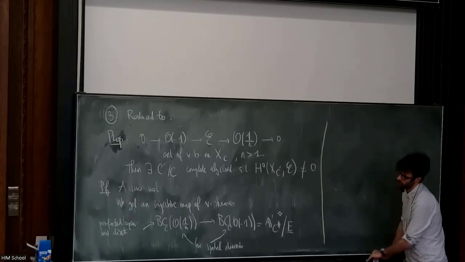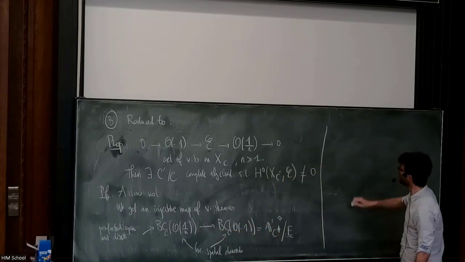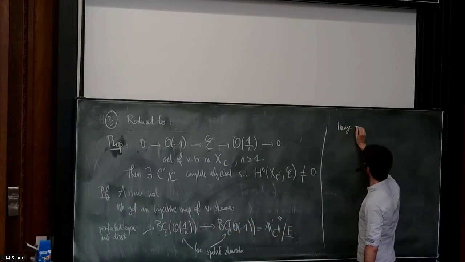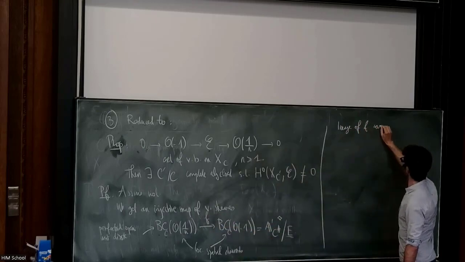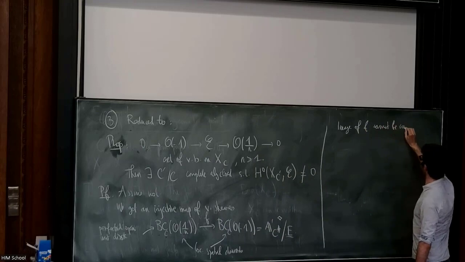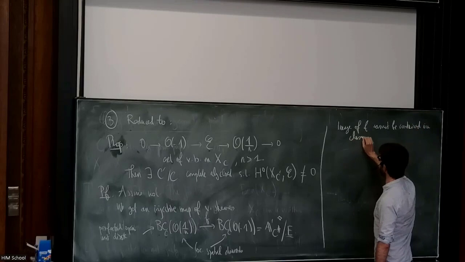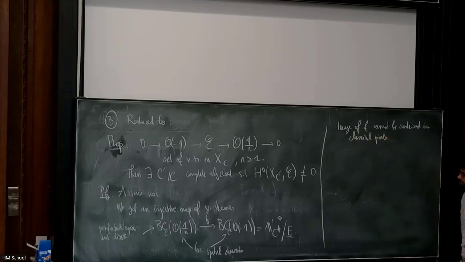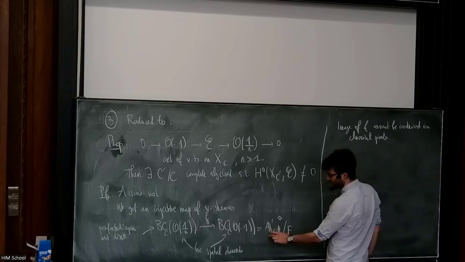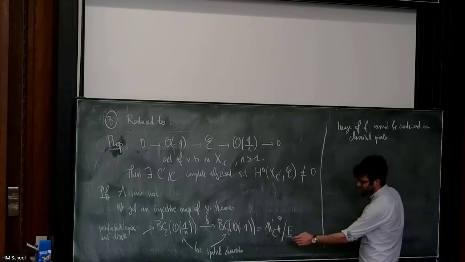So the first claim about this map, so okay, we know it's injective. I also claim that the image of this map, let's call it F, cannot be contained in classical points. And by classical points, I mean that on A^1, the underlying topological space of this diamond is the same as the one of the usual adic space.